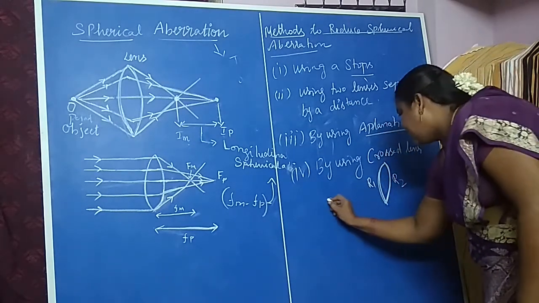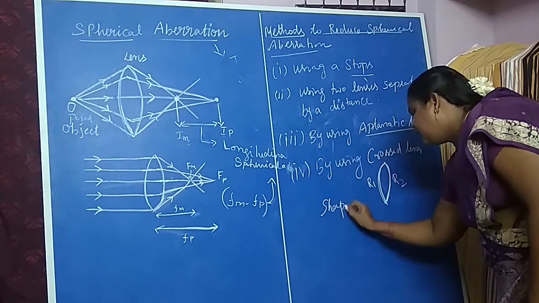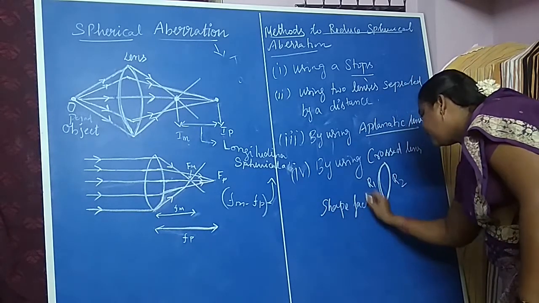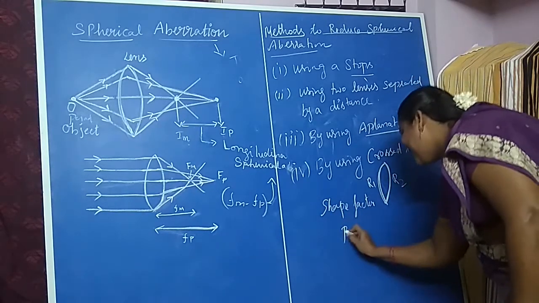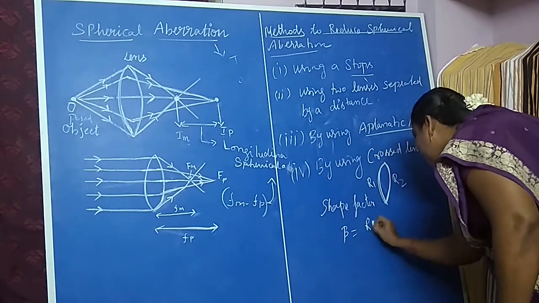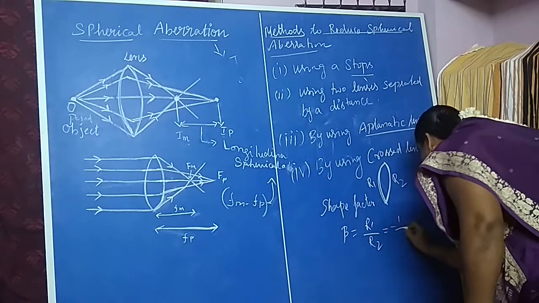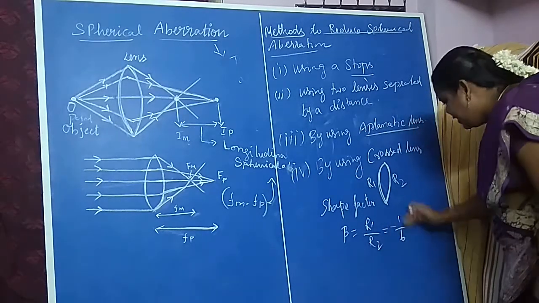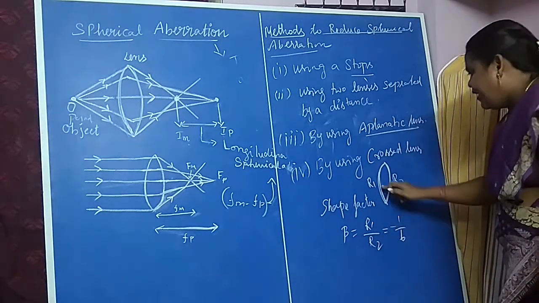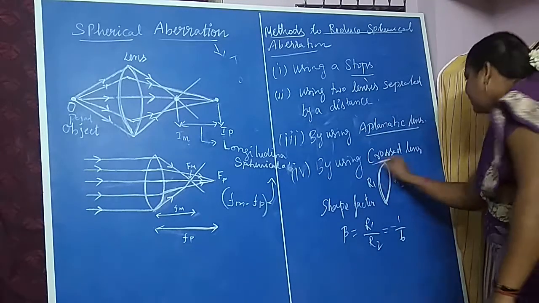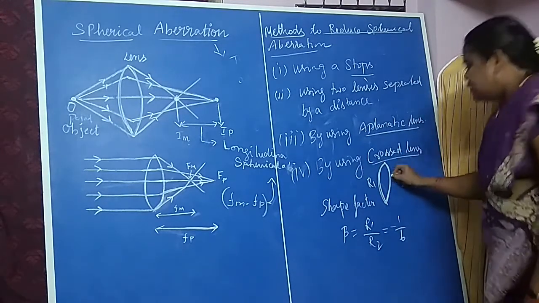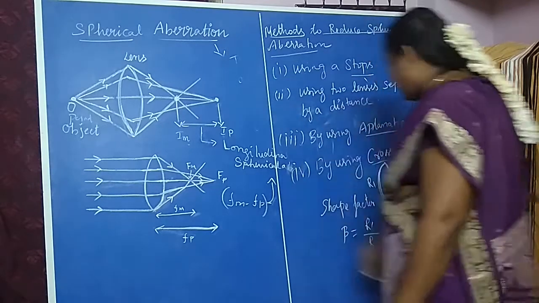The shape factor is represented as beta, which is equal to the ratio of R1 by R2, which will be equal to minus 1 by 6. If this ratio is satisfied, that lens is called a crossed lens. This lens is used to reduce the spherical aberration.